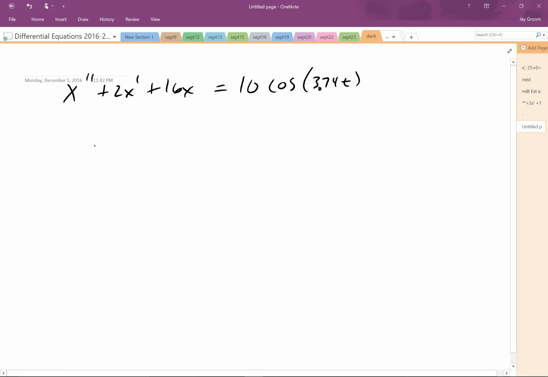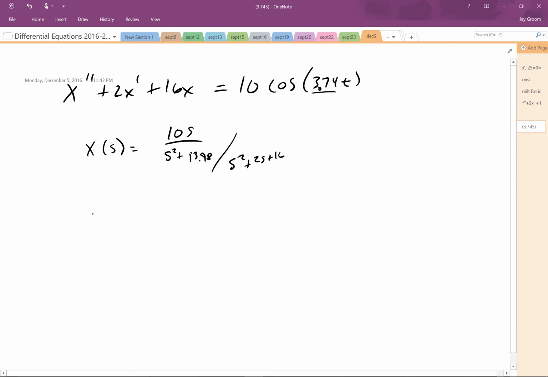So of course we know that it's going to be x of s equal to 10s over s squared plus, it turns out to be about 13.98 when you square them, and then of course divided by s squared plus 2s plus 16.